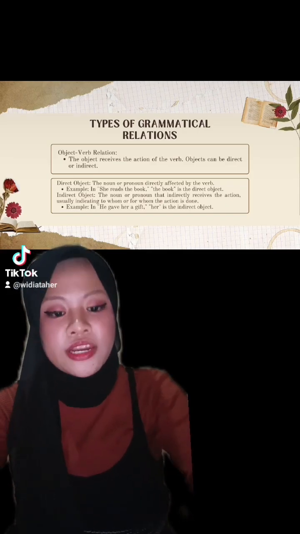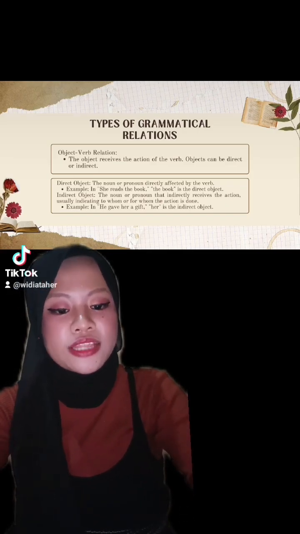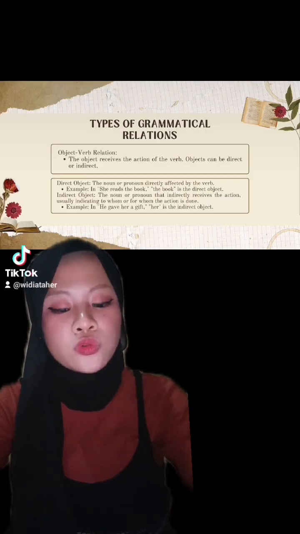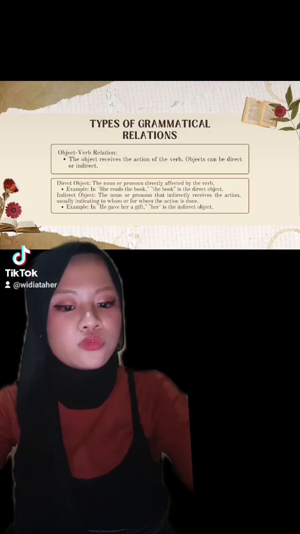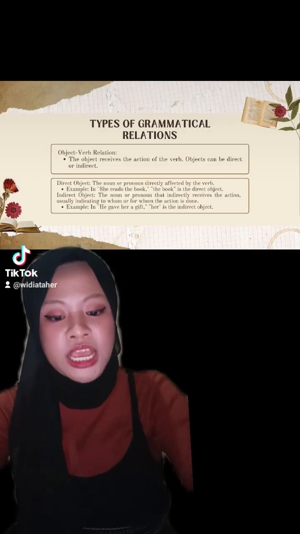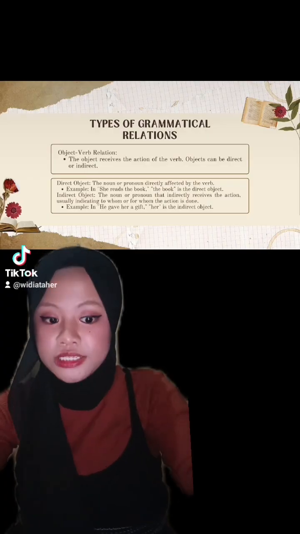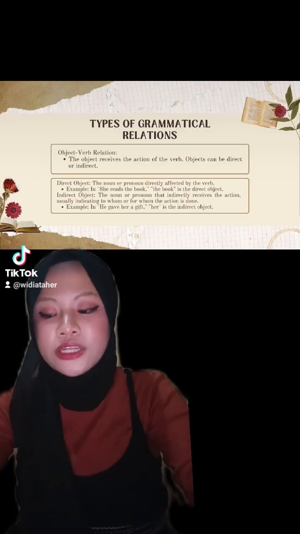Indirect object: the noun or pronoun that indirectly receives the action, usually indicating to whom or for whom the action is done. Example, he gave her a gift. Her is the indirect object.